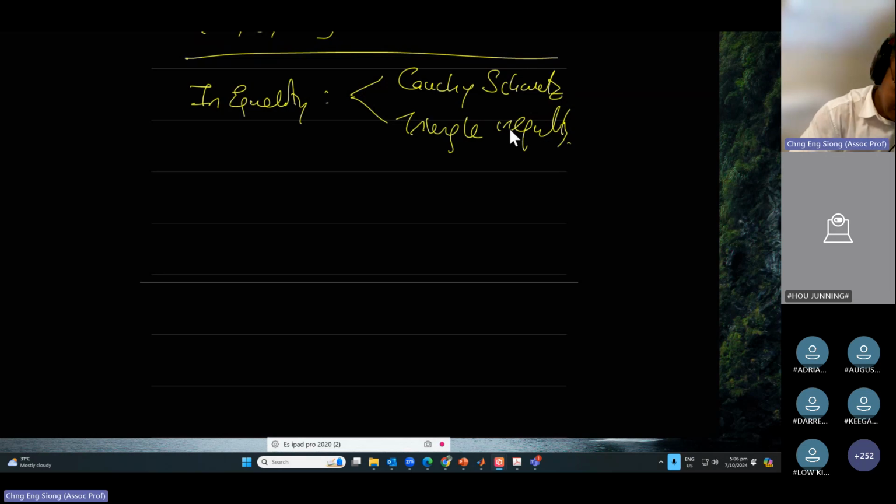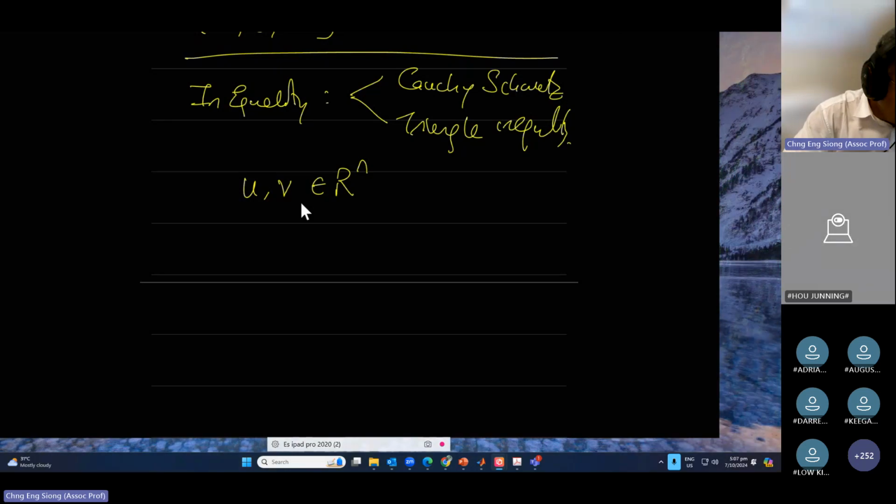So let's begin with Cauchy-Schwarz. u and v belong to Rn. Actually this inequality can be generalized to very esoteric vectors, not even Rn, but we're going to be sticking to Rn in our description here. So u dot v is a dot product between two vectors.